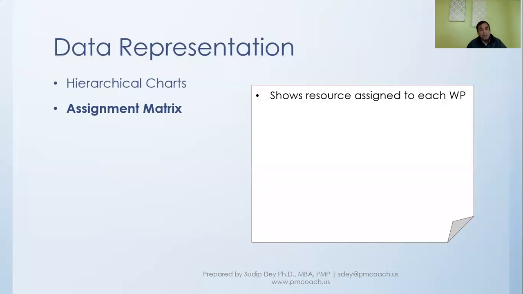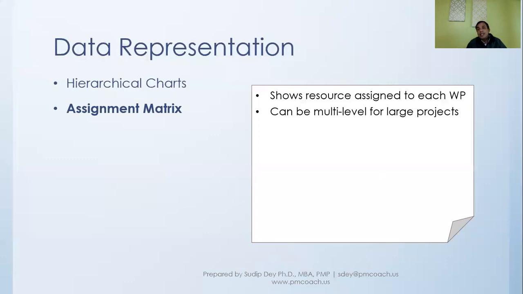For each work package, we want to know who is involved in different roles. We want to ensure there is no ambiguity about who is doing it, and that everyone is taken into consideration.